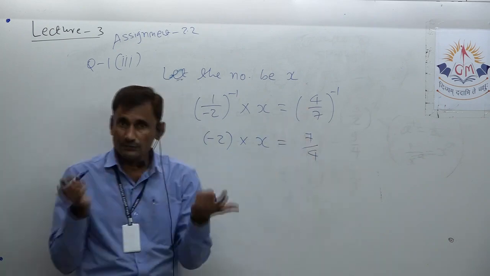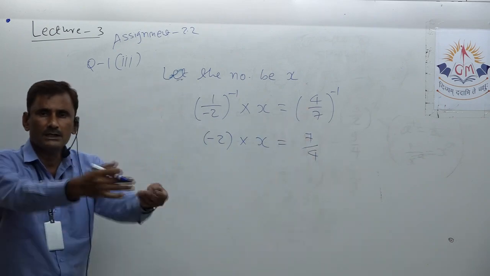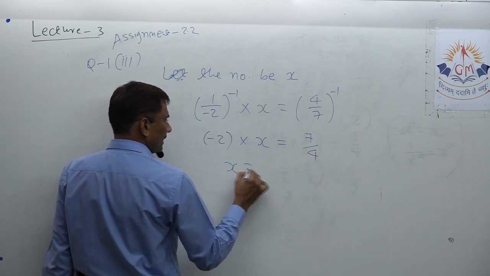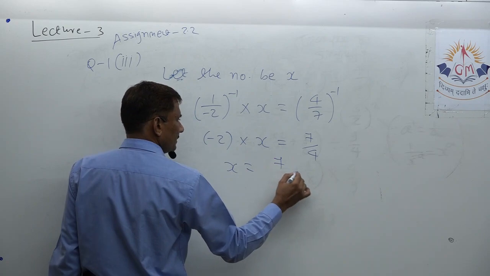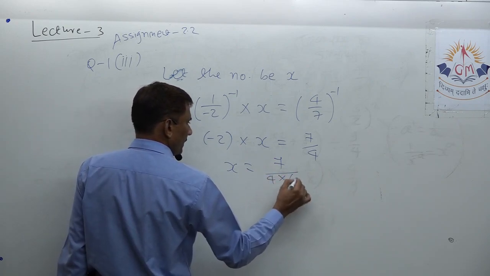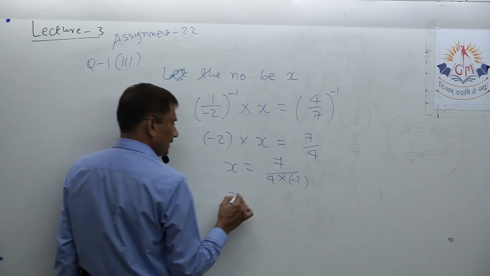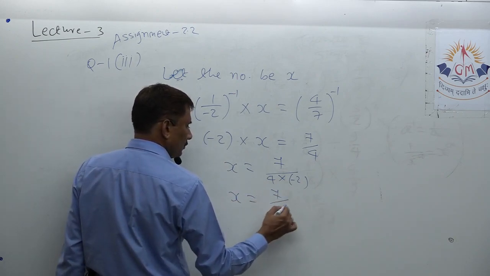No need to write raised to 1. If you write it, then in the next step you have to remove it. So shift it there. So 7 upon 4 into minus 2. So multiplication to division. So that number is 7 upon minus 8.